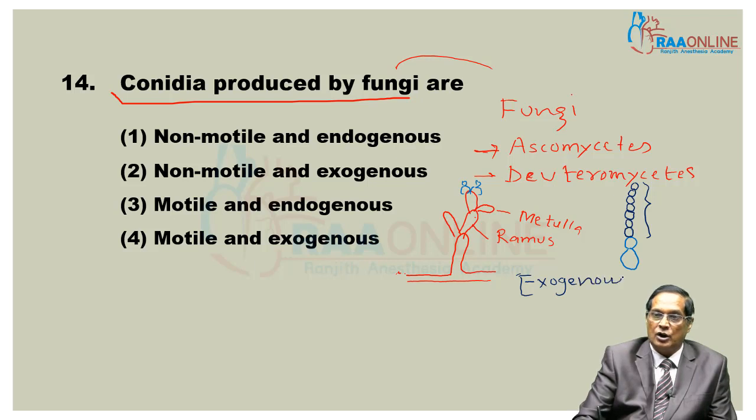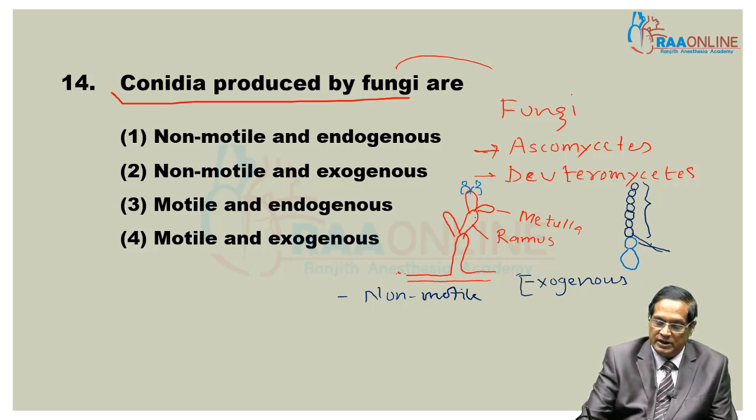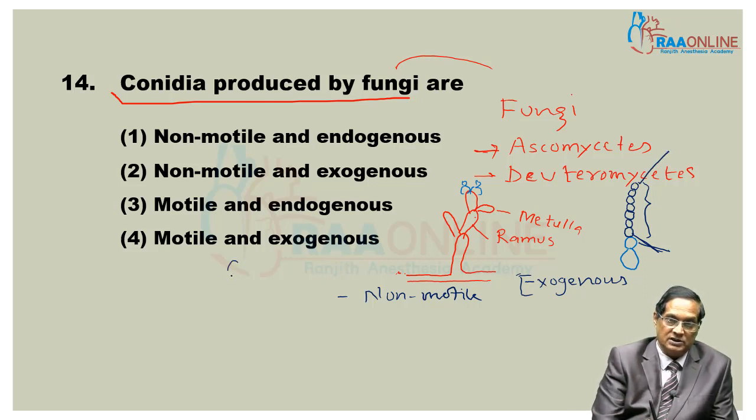They are non-motile. They don't have any flagella-like structure. And this conidium is new. This one is the oldest, oldest is at the top, and towards the base are newer ones. This is the newest.